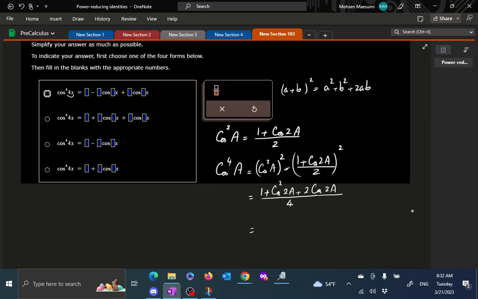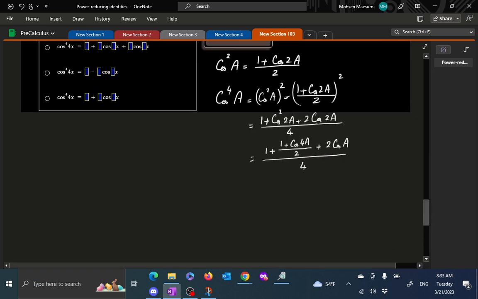Okay, now round 2, cosine square of 2a. If I have 2a here, then I'll have 4a there. So that is the important thing here. So 1 plus cosine of 4a over 2 plus 2 cosine of 2a over 4.